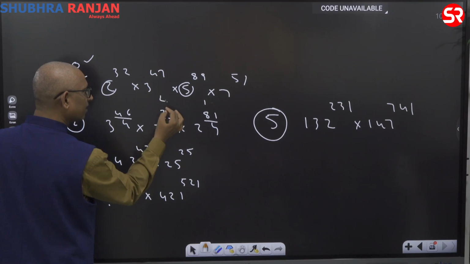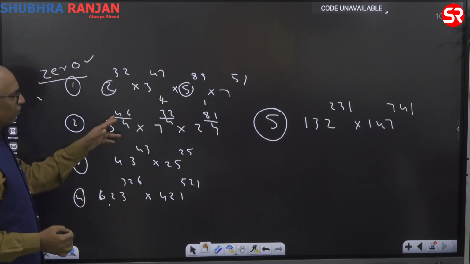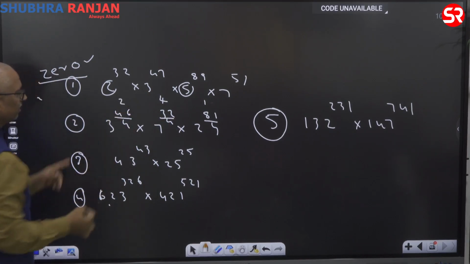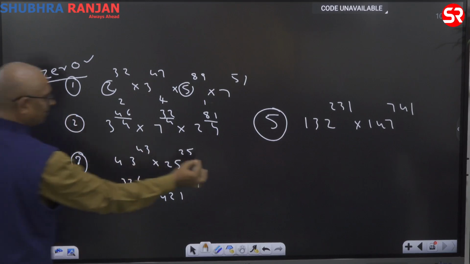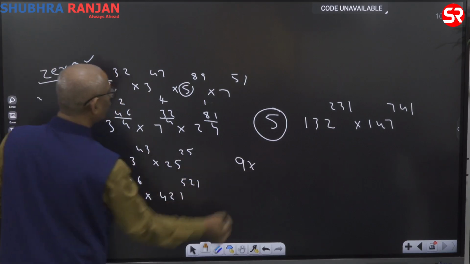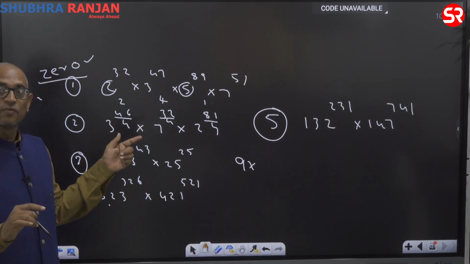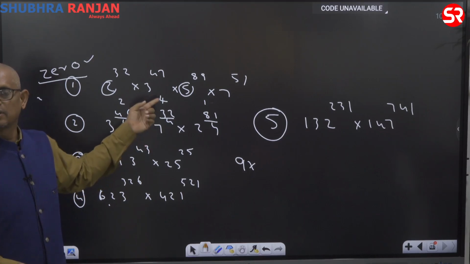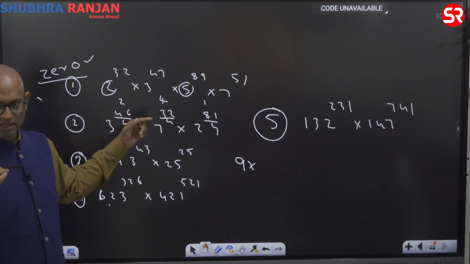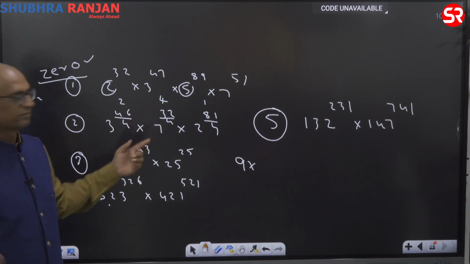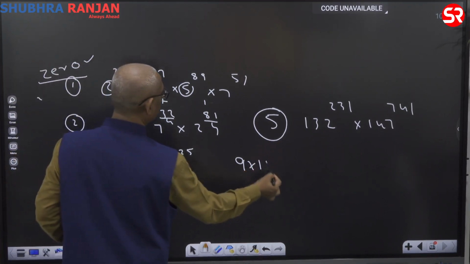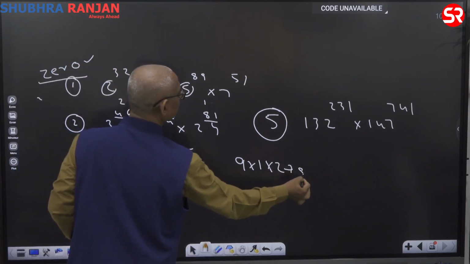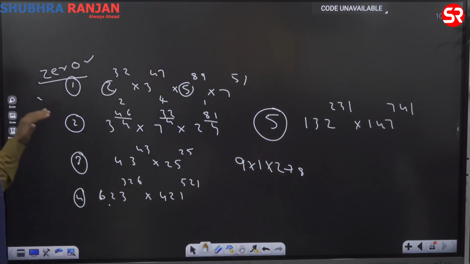For 0 what we write? 4. 4 1s are 4 and again 4 1s are 4, remainder is 2. 3 square it is 9. 7 power 4, that means 7 square is 49. 9 linked number is what? 1 into 2 power 1 is 2. So answer is 8. Okay, got it everyone?